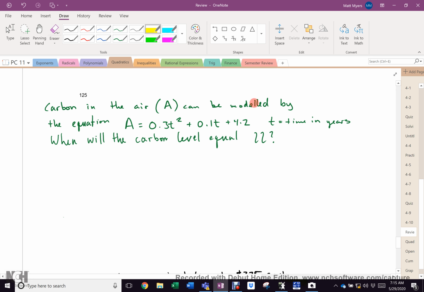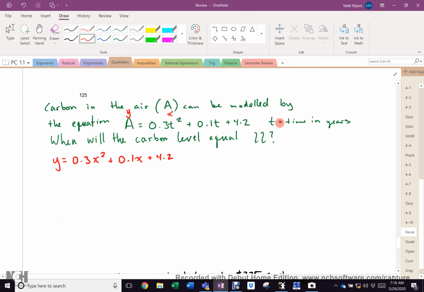Carbon in the air, A, can be modeled by this. All right, so that A is the same as Y, and that T is the same as X. So if you look here, really what we have is Y equals 0.3x squared plus 0.1x plus 4.2.